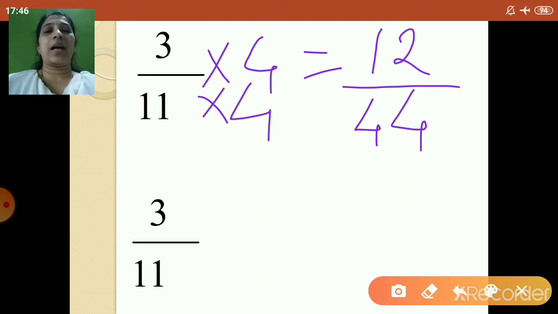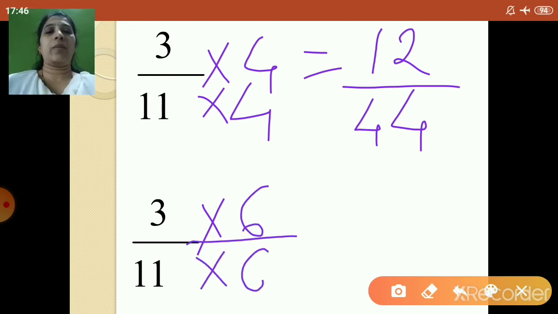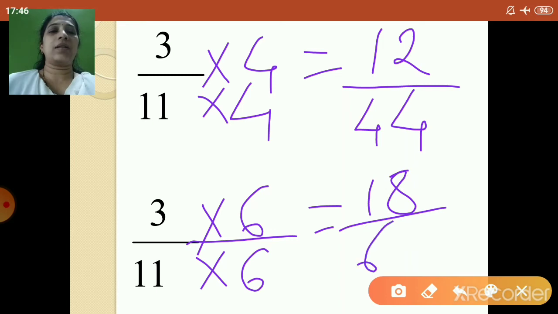Now let's make another equivalent fraction. Here I'll take the number 6, right? So both numerator and denominator are multiplied by the same number 6. So 3 6s are 18 and 11 6s are 66. So your two equivalent fractions are 12 upon 44 and 18 upon 66.